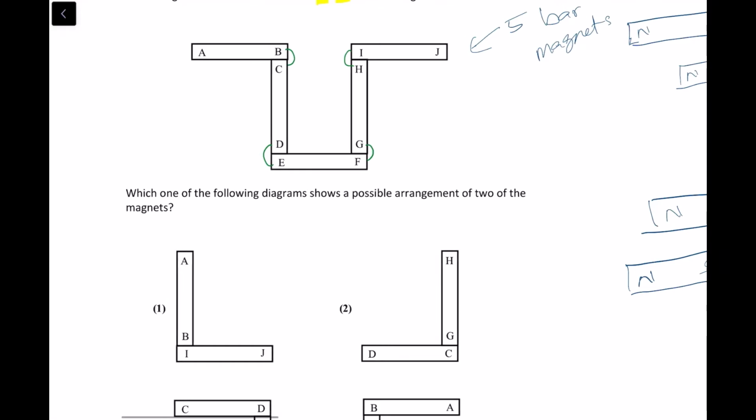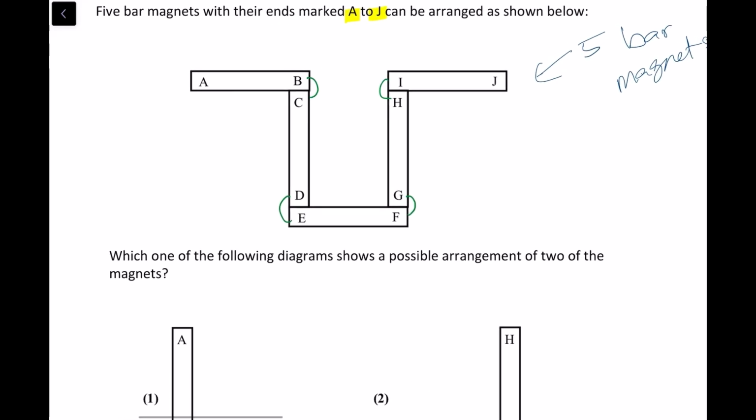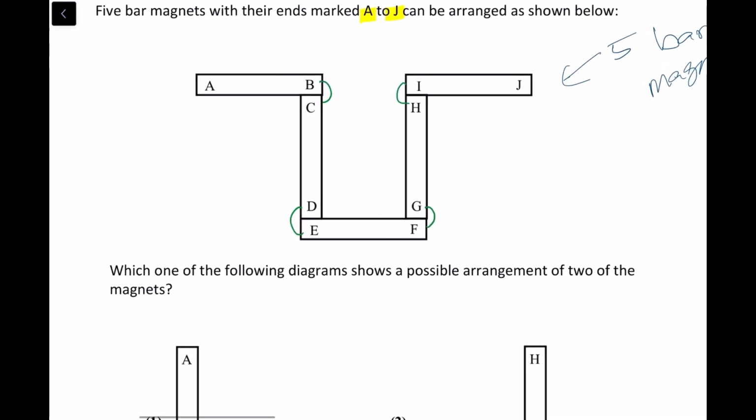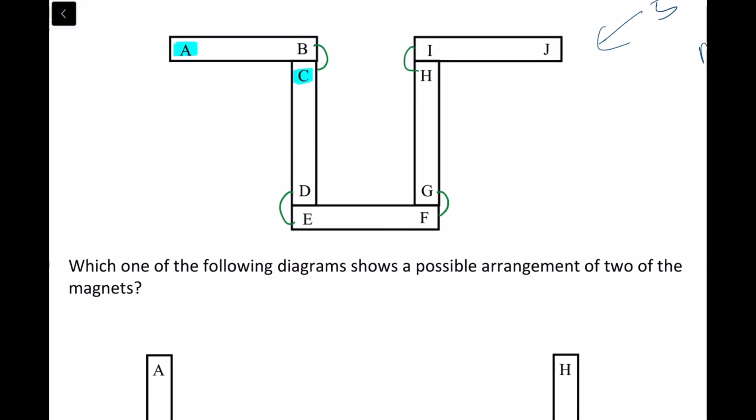So another method I used was to take two highlighters of different colors and start highlighting one end of the magnet with, let's say, blue, and then every alternate alphabet, which means after A is B and immediately after B is C. So every alternate alphabet, I would highlight with the same color. So A, C, E, G and I.